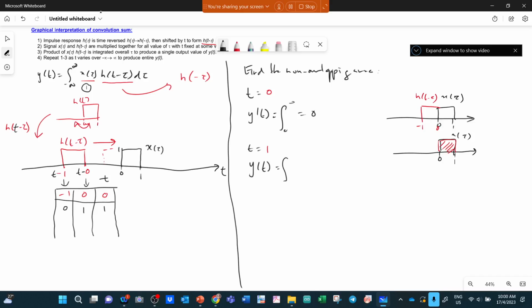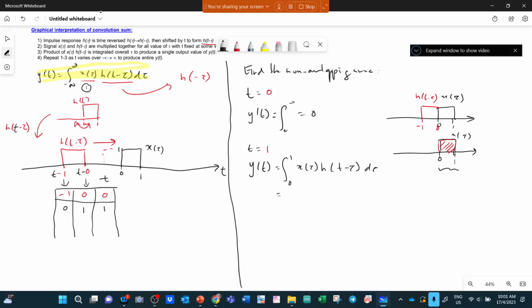So the area of the overlapping two signals, it will be this area lah, 0 to 1. So 0 to 1, refer back to the original equation here, which is x tau h t minus tau d tau.